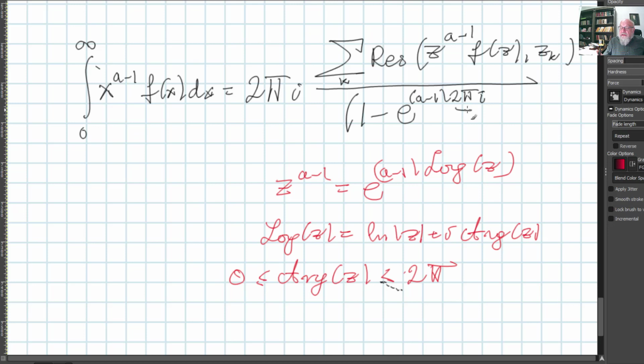That's why we are achieving this 2 pi here.